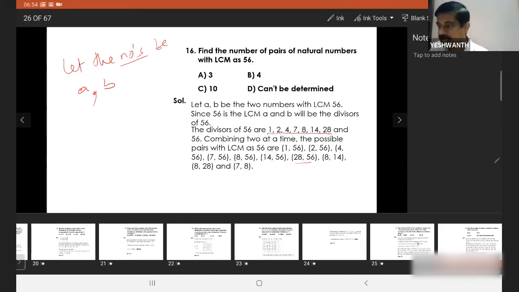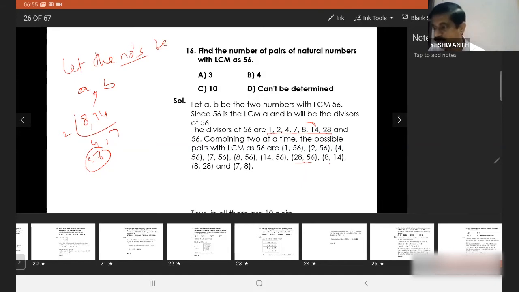If you take 8 and 14, these two pairs, 2 fours are 8, 4 sevens are 28, 28 twos are 56, so this pair is accepted. 8 comma 14. Similarly, 8 comma 28 is also accepted. 7 comma 8 is also accepted.